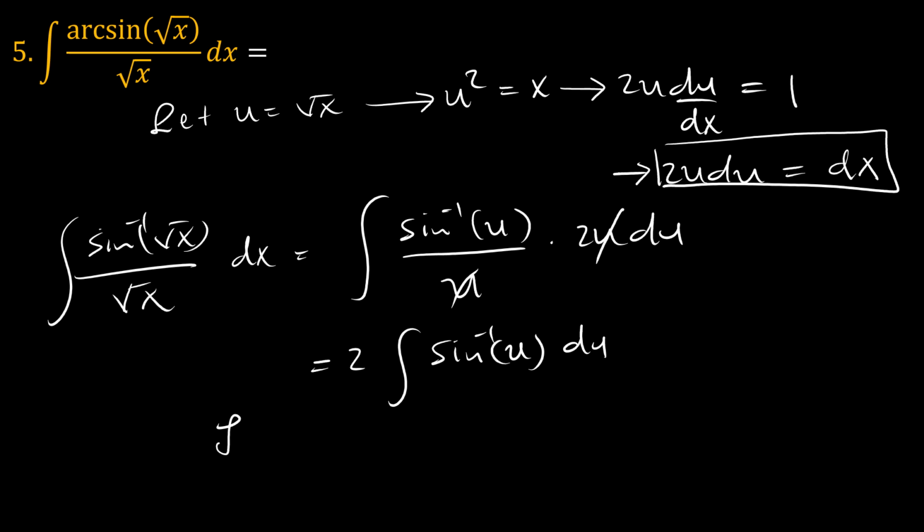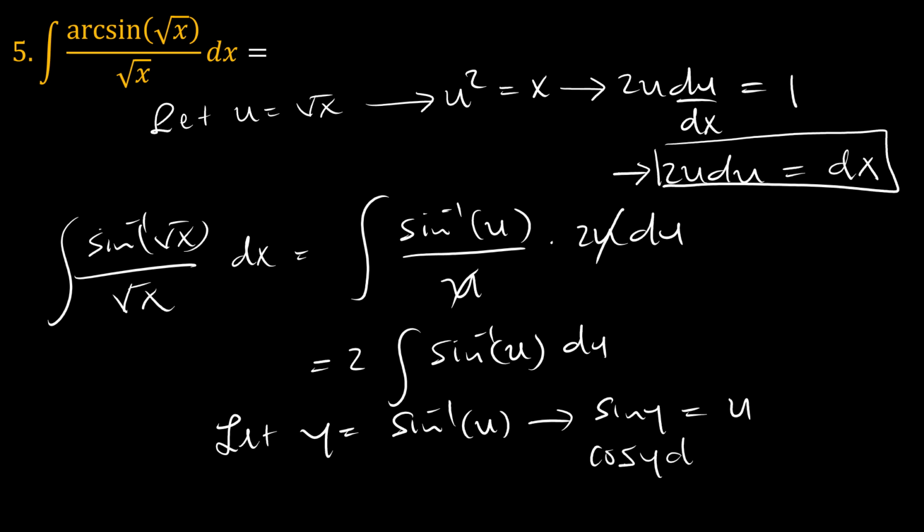And we'll say let y be equal to arc sine of u, which means that sine of y is equal to u, and therefore cosine of y dy du is equal to 1, meaning that we can substitute for du with cosine y dy.